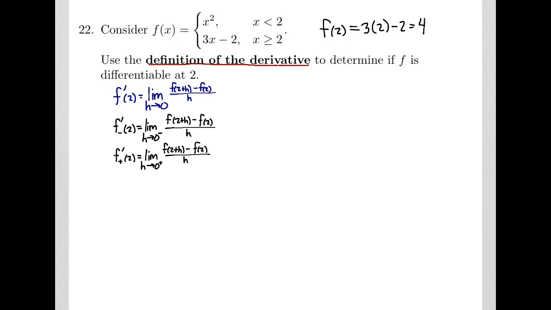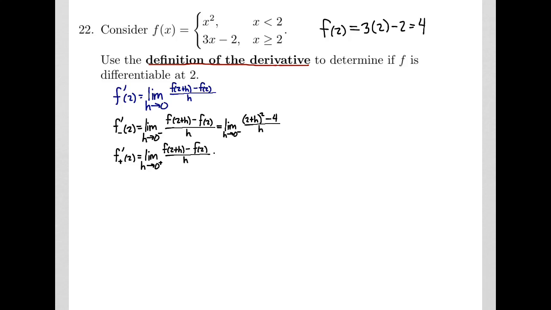Okay, so when I come from the left, I'm taking a limit as h goes to 0 from the left, and the formula that I'll use is the square of the input. So we'll take 2 plus h and we'll square it. We subtract f of 2, which we found was 4, and we'll divide that by h and take the limit.